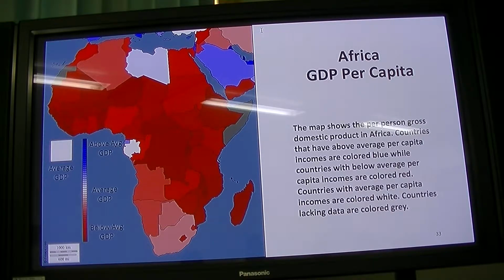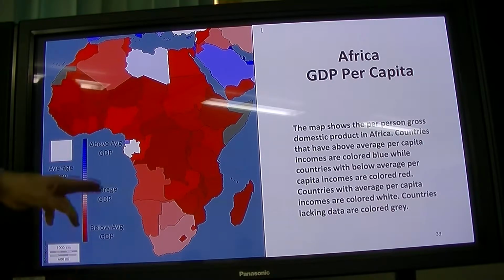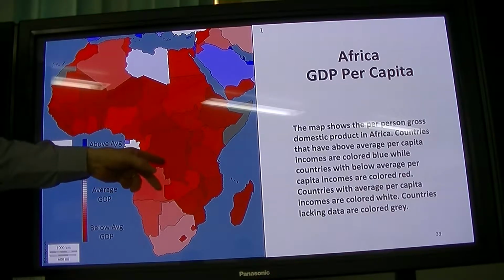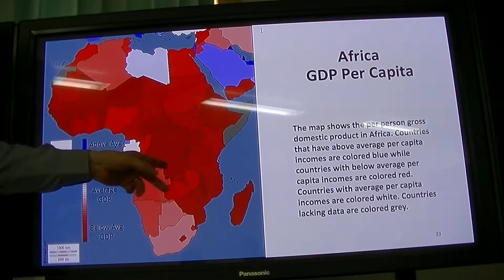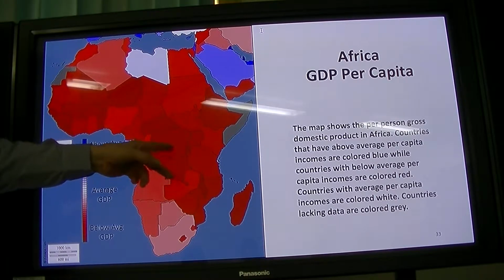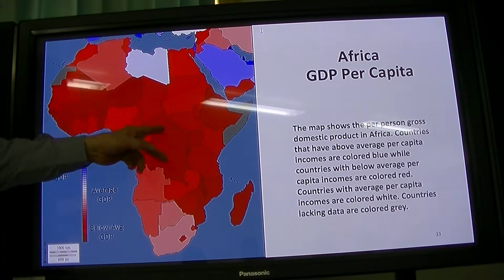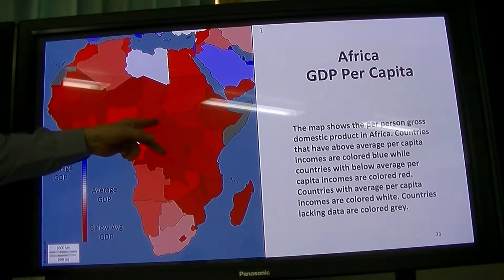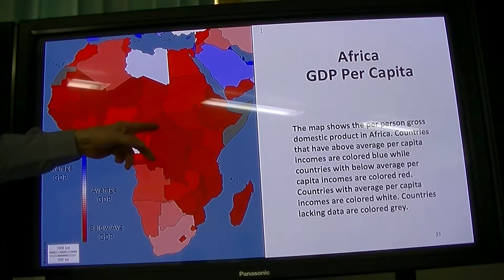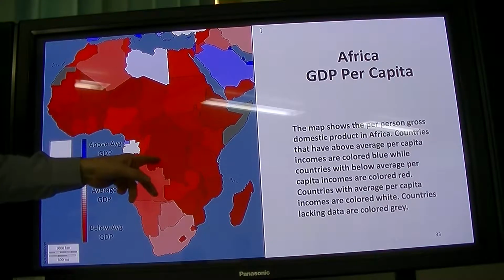The African countries, particularly a lot of the Central African countries: the Democratic Republic of the Congo, a staggeringly corrupt country with incredible problems. The Central African Republic.